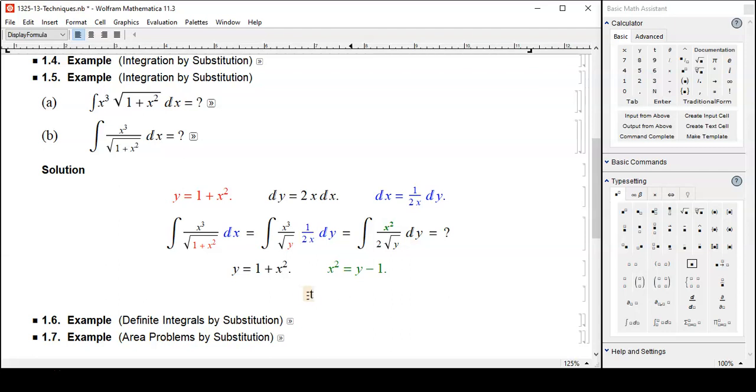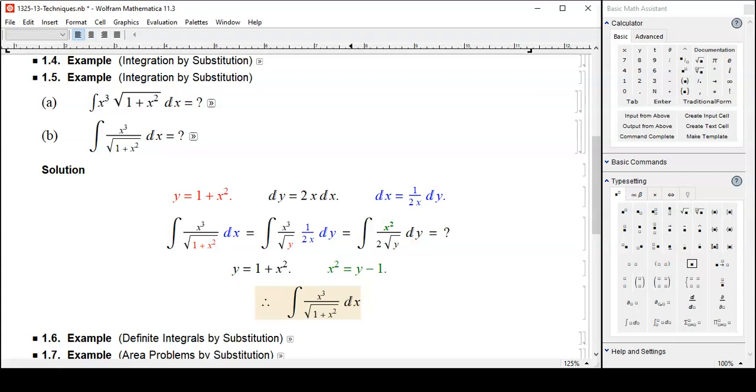So therefore, the original integral becomes this, which is y minus 1 like this.